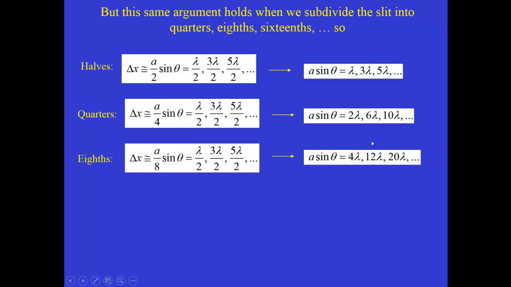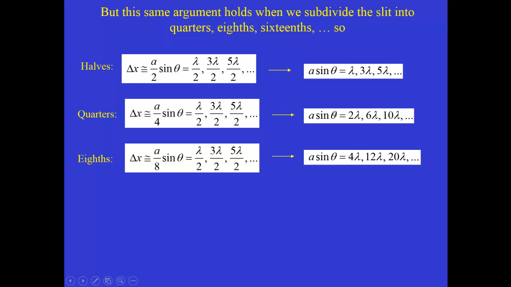No, because you can do the same thing with eighths. You can divide the slit up into eighths. So now we get, for the path difference, a over 8 sine theta. Setting that quantity equal to a half integer multiple of the wavelength gives us a sine theta is 4 lambda, or 12 lambda, or 20 lambda.